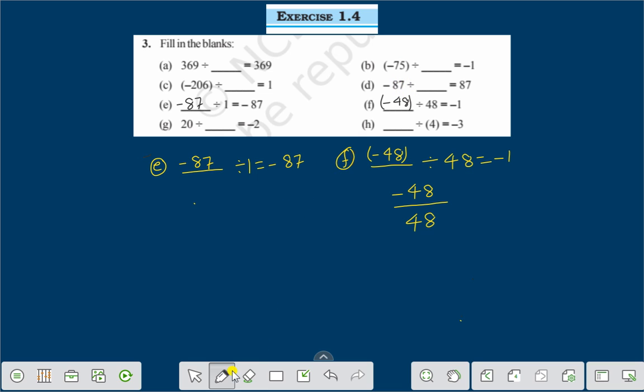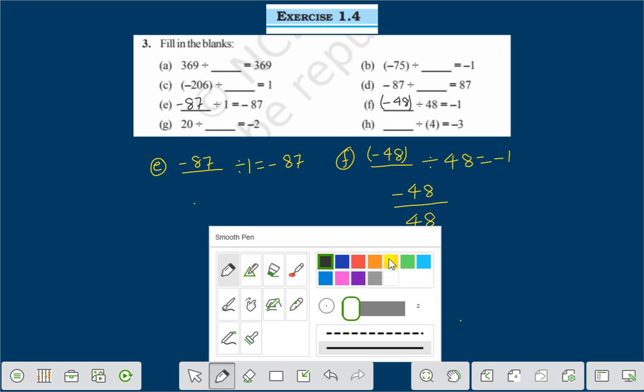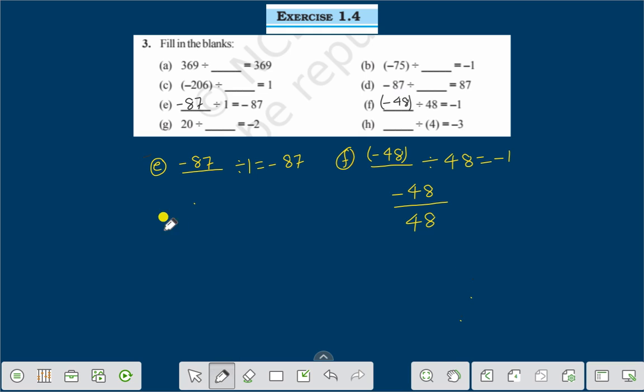Now question number G. Here the value of G is 20 divided by dash is equal to minus 2. So we can say that 20 divided by 10 is 2, right?